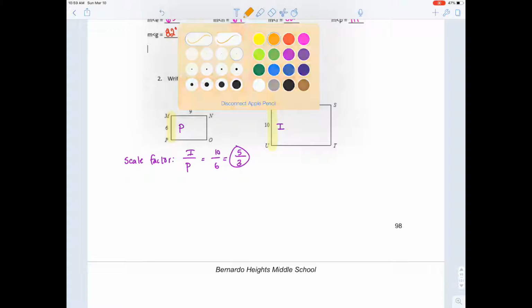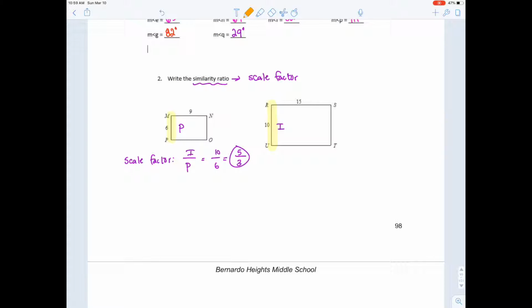Let's go ahead and I'm going to write another similarity ratio, but this time treating my rectangle RSTU, see in orange now, RSTU as my preimage, and then MNOP as my image. And you would do the same thing. I'm going to use the other side though. I'm going to use 15 and I'm going to use 9.